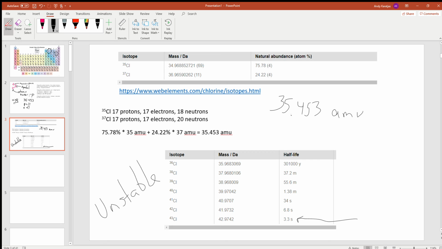So what that means is in 3.3 seconds, half of the chlorine-43 will decay into some other element. Whereas chlorine-36 has a much longer half-life. It takes 300,000 years for half of that to decay.